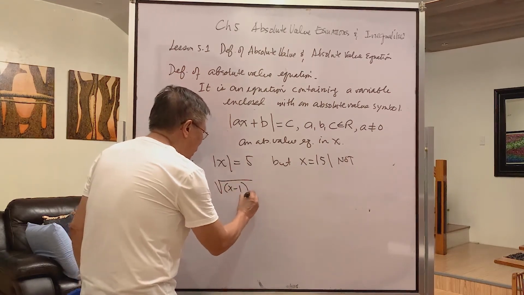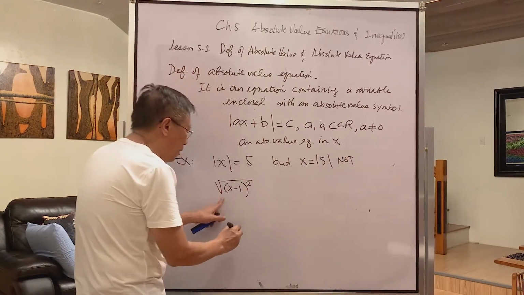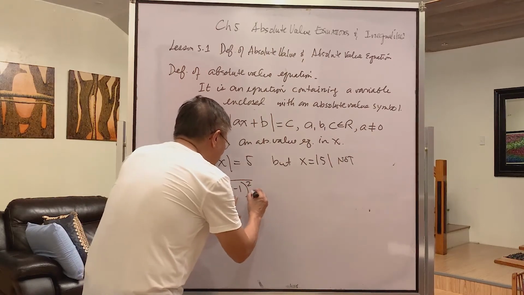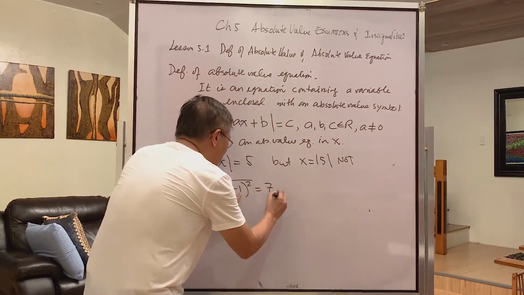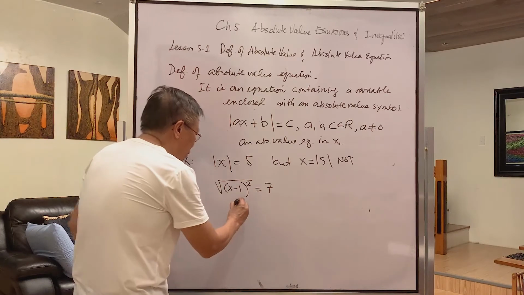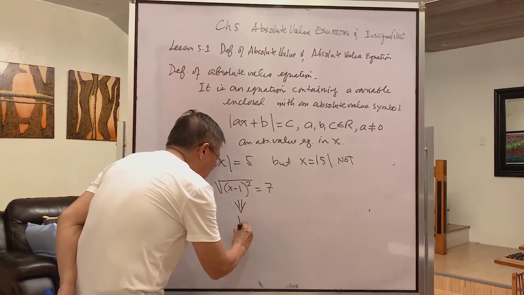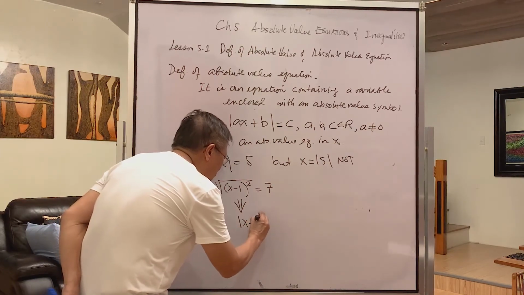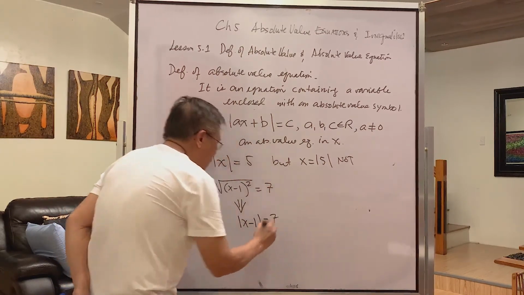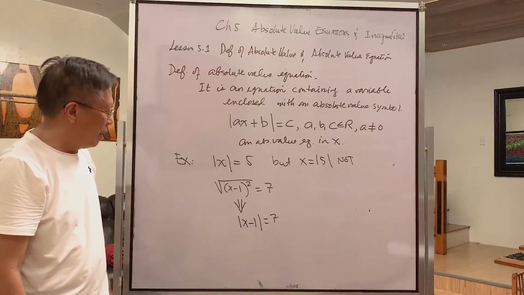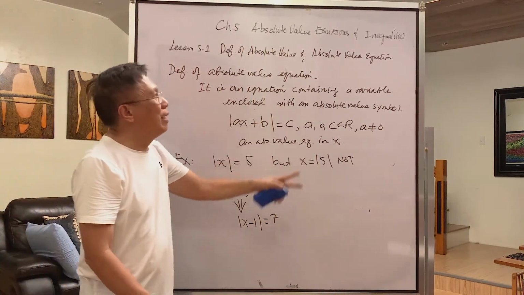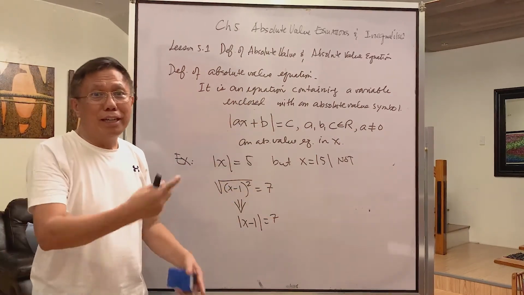X minus 1 squared. This is an absolute value equation. Why is that so? Because by definition, we can have this as absolute value of x minus 1 equals 7. So we will be dealing with absolute value equations in the next video.